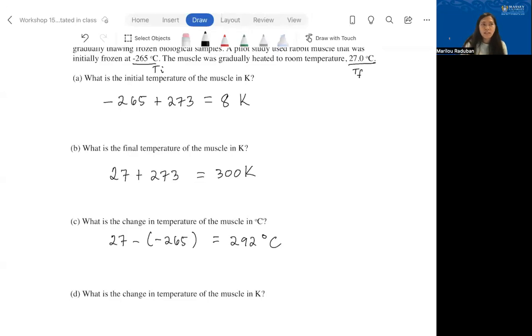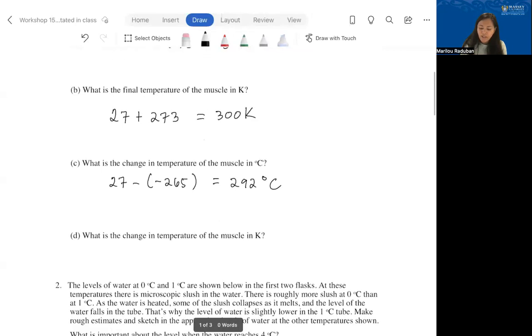Even in our next lecture, when we will also be getting the change in temperature, we'll always use a positive change in temperature. So it shouldn't matter much whether you did 27 minus 265 or negative 265 minus 27. Just get the positive answer for your change in temperature.